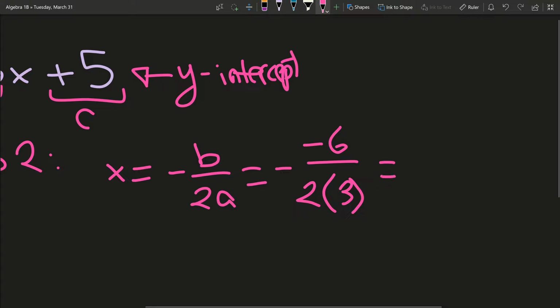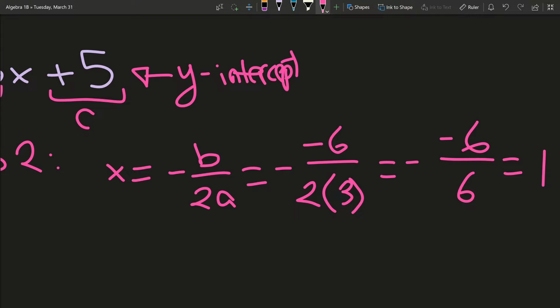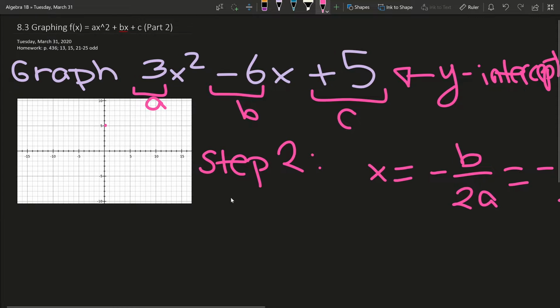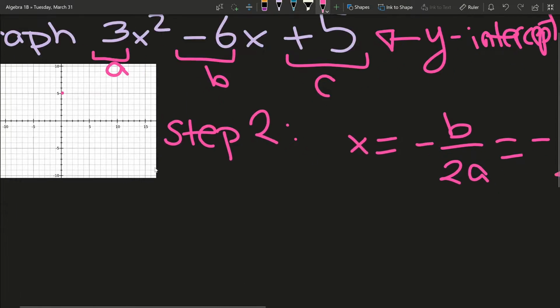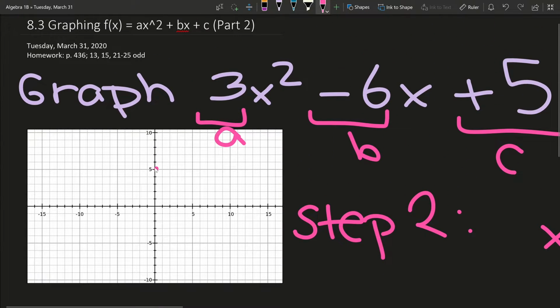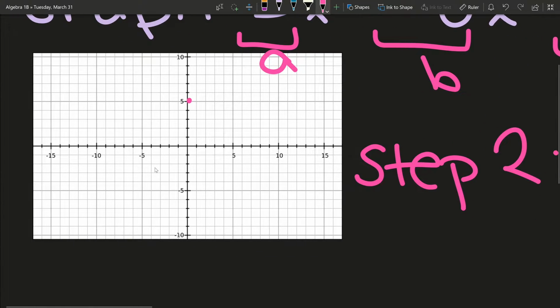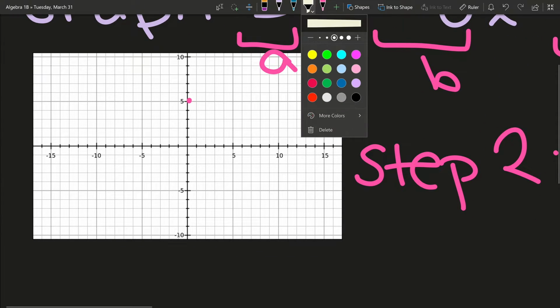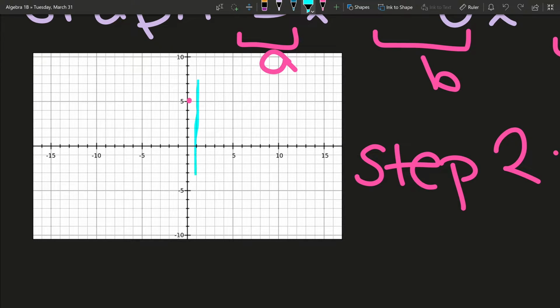So when we go and simplify this, we're left with negative 6 over 6, which is equal to positive 1. So that means x is equal to 1. So that means if we go back here, we can label where our line of symmetry is going to be. It's going to be right over here.